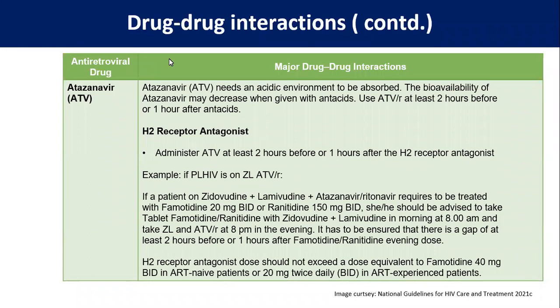Yeah, so if it is in the presence of ATV/r, then we need to know whether it is conjugated or unconjugated. If it is unconjugated and the patient is asymptomatic, then we can reassure the patient to continue, because it is related to the antiretroviral atazanavir, and need not worry. It only gives rise to cosmetic inconveniences, but otherwise it is all right to continue, because bilirubin will be increased with atazanavir, we know it. If it is unconjugated, then we know it is due to atazanavir.